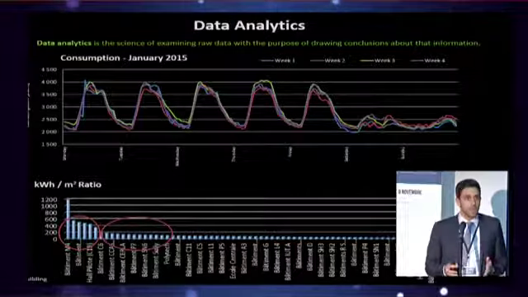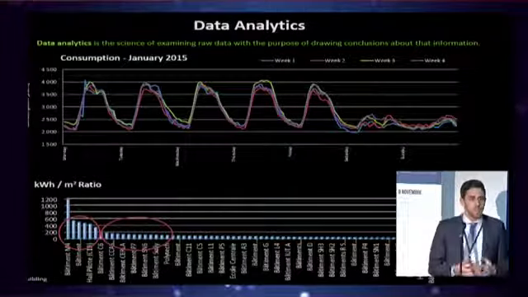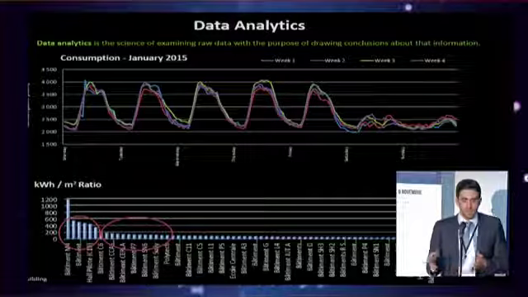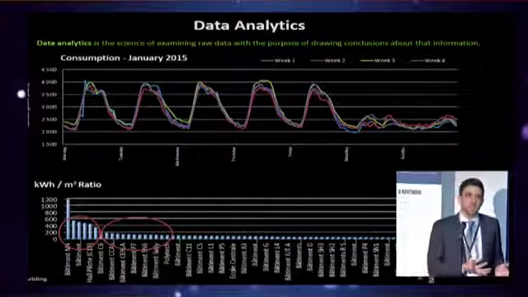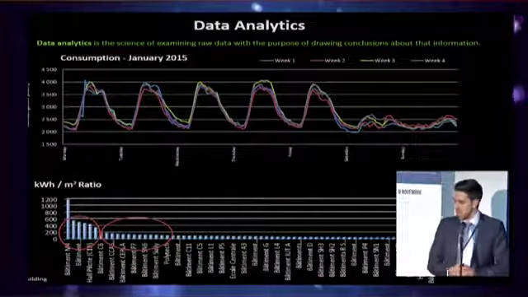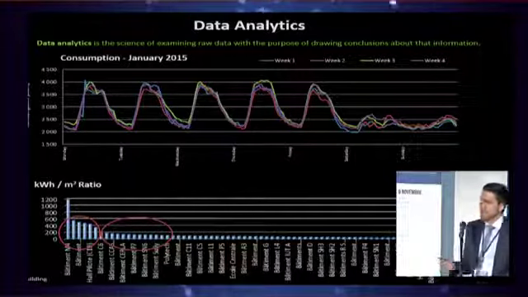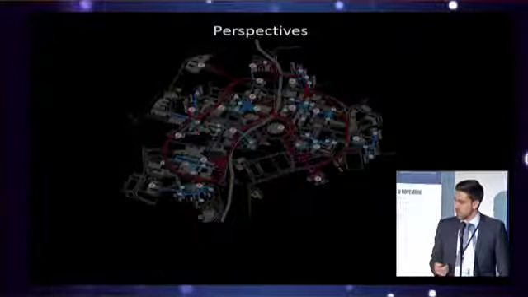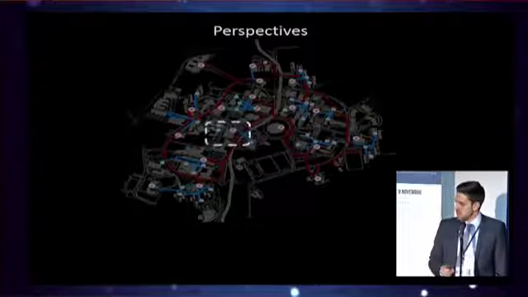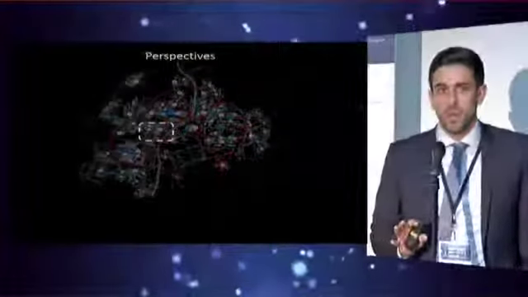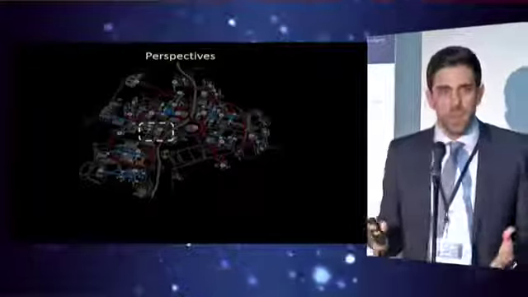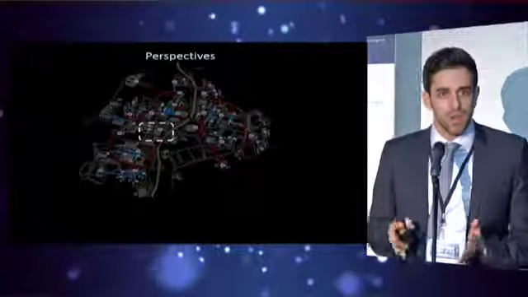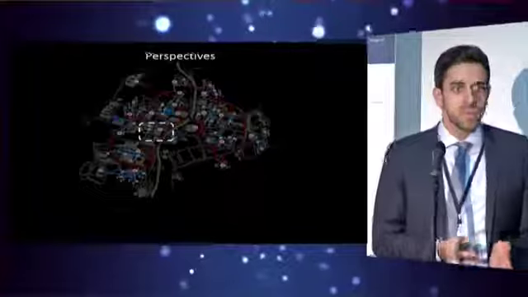From this ratio, we get to compare the buildings themselves, why a building of a certain size consumes more than a building that is bigger, for example, which leads us to the future work that we began working on, which are the perspectives of the presentation, where we decided to not only focus on the global vision of the high-tension network, but to also work on a local level, on the low-tension network.